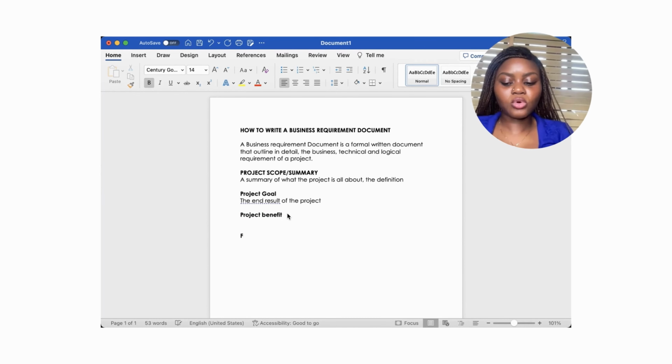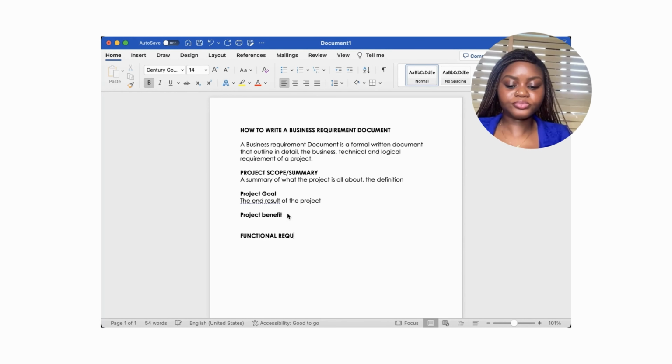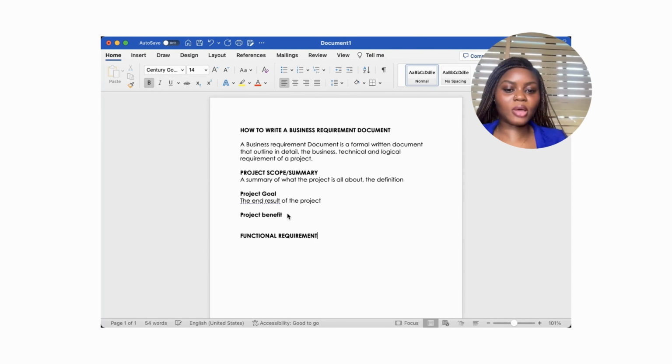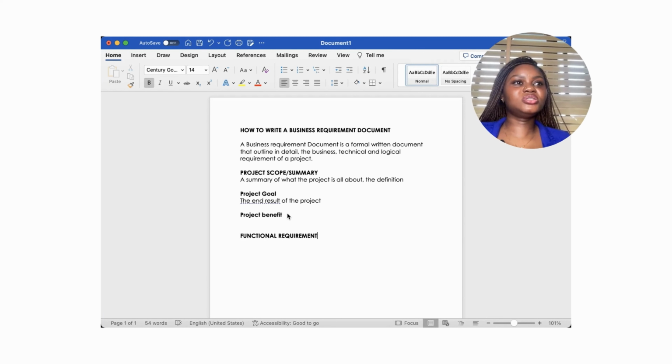The next one that you should put into your document is functional requirements. So how do we get to a place of functional requirements?